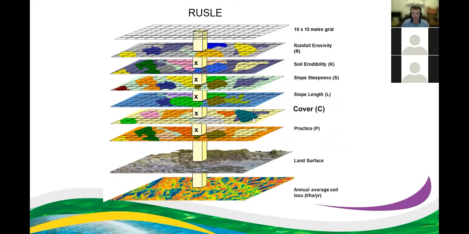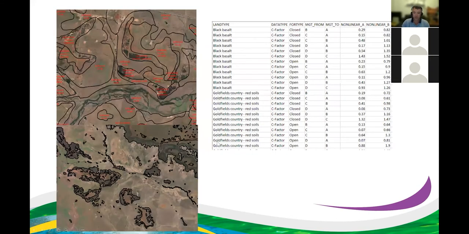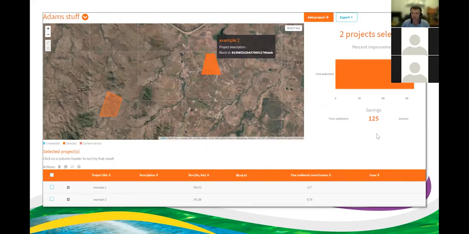So you'll start with whatever the starting cover is that we've measured through satellite imagery, and using that equation, that will adjust the cover up whatever percentage points the equation works out. And then we resolve the universal soil loss equation with that new cover there. So as the cover increases, what we see is soil loss reduce. So we resolve the universal soil loss equation, and then we display the sediment savings here.